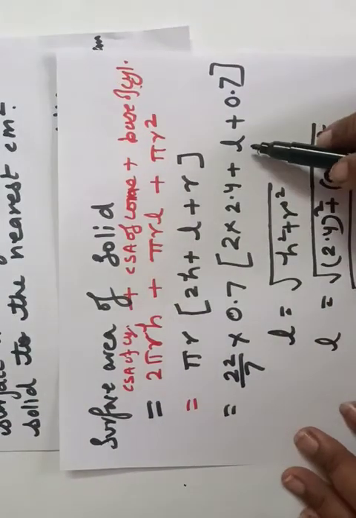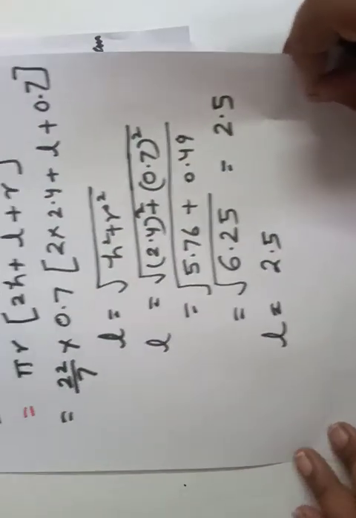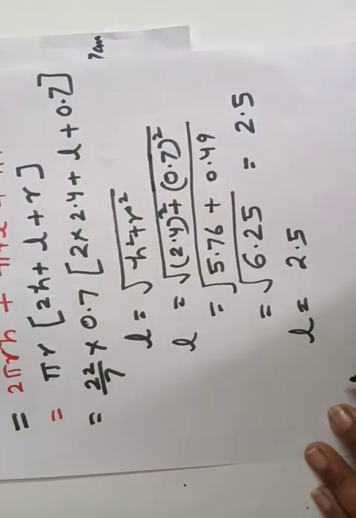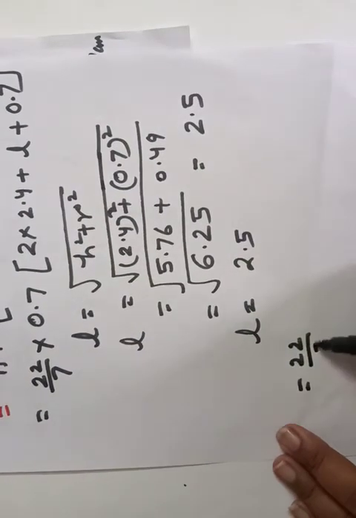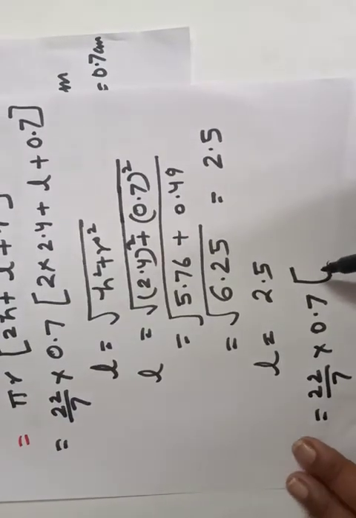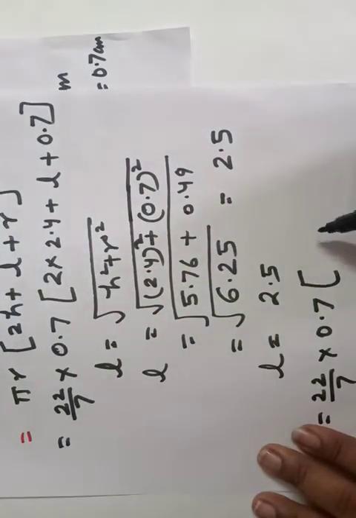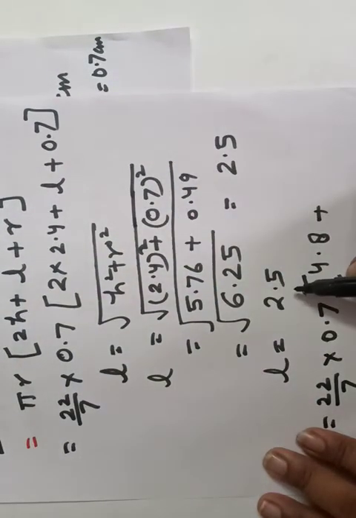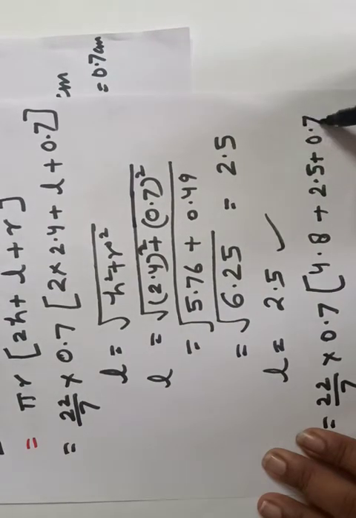Now we have already found the equation, and only the value of L was left. So now we solve this after putting the values here. That is equal to 22 upon 7 into 0.7, and here 2 into 2.4 is 4.8, plus L, which we found is 2.5, plus 0.7.